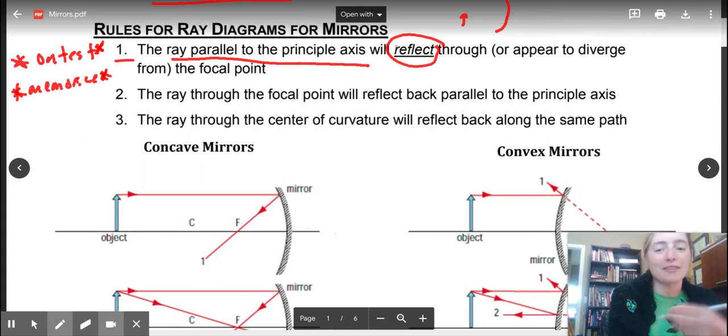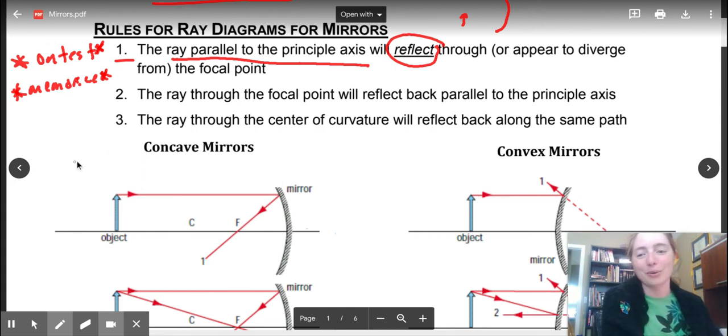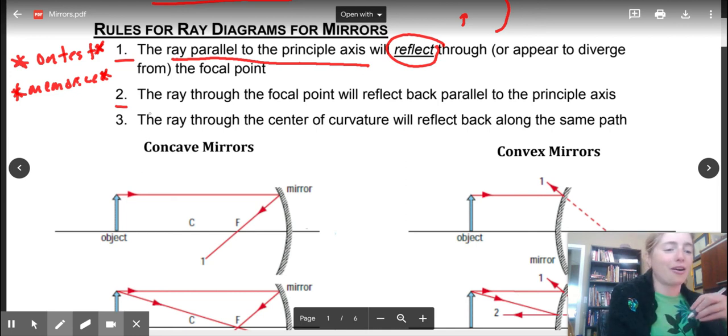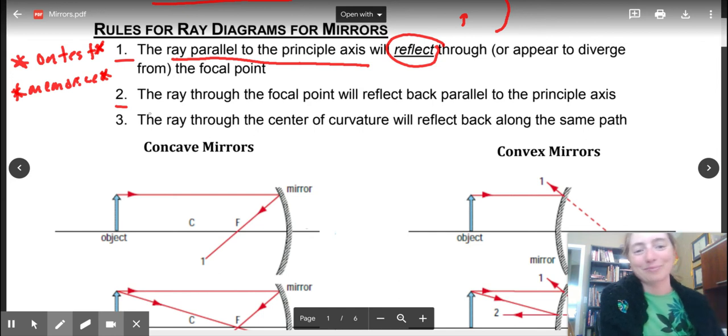That's just a trick to represent how the human brain processes the images it's seeing. They're a way that we can represent how our brain processes where that image is.